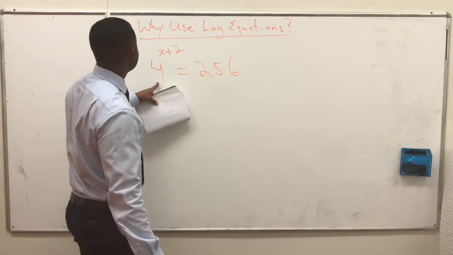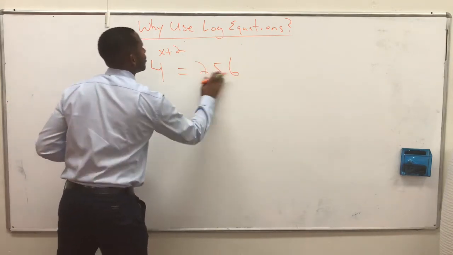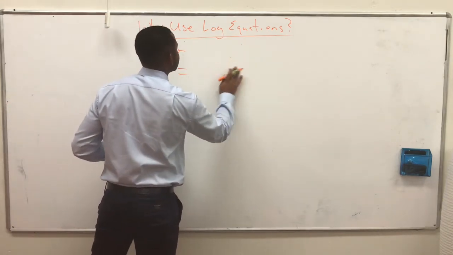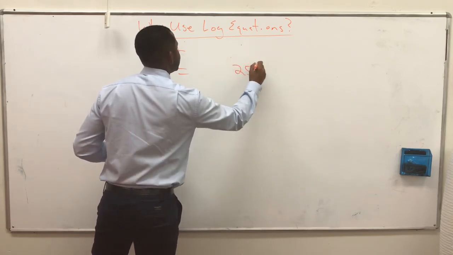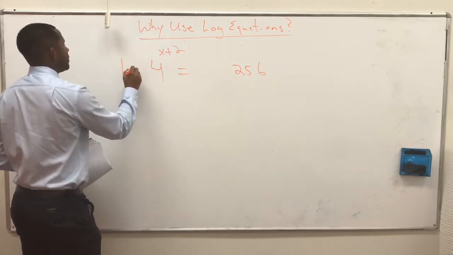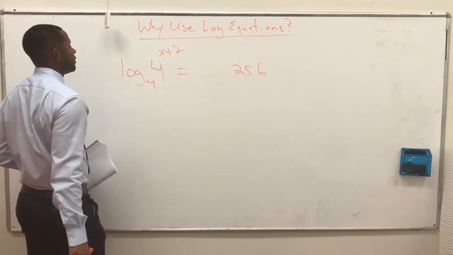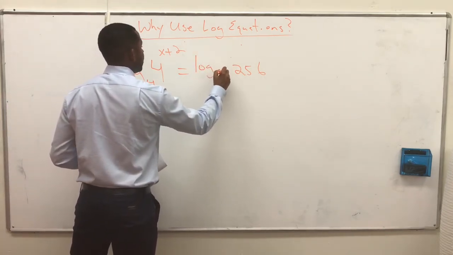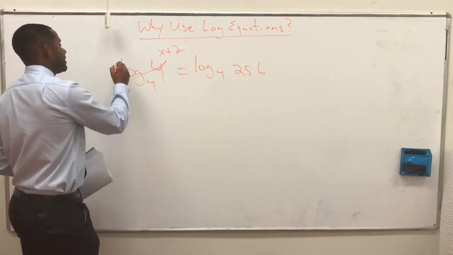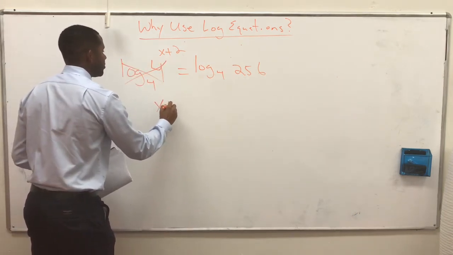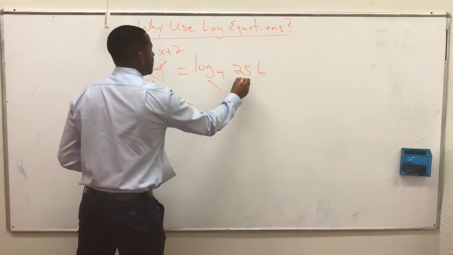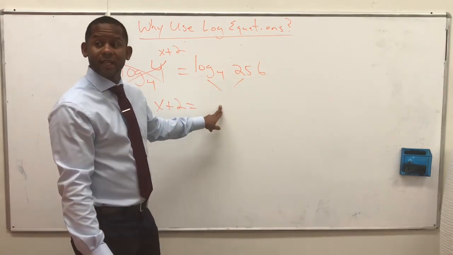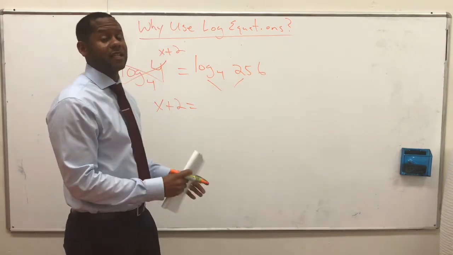Again, I got to get rid of this base 4, so I'm going to do the log base 4. These cancel. I'm left with x plus 2 equals log base 4 of 256. Now this, as it sits right now, you do not know how to calculate in your calculator.